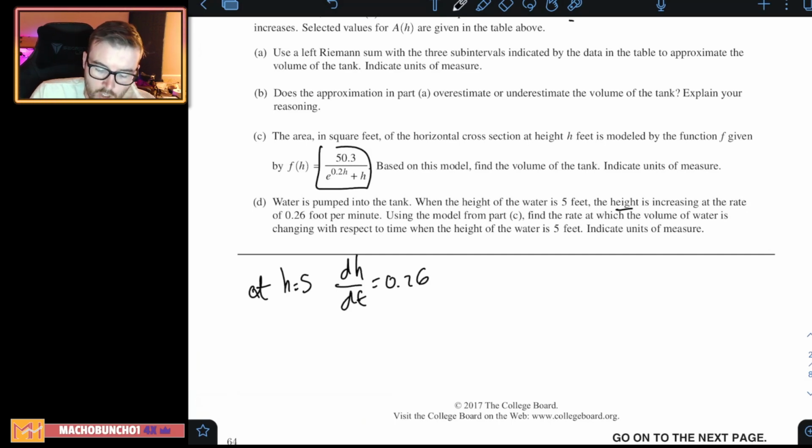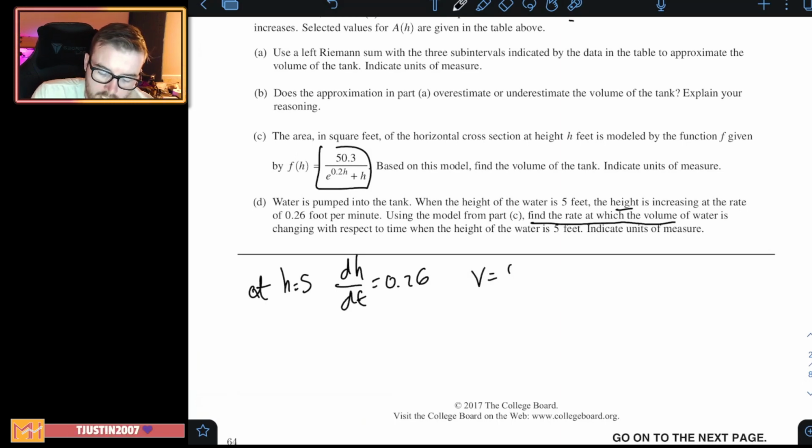Using the model from part C, find the rate at which the volume of the water is changing with respect to time when the height of the water is 5 feet. Indicate units of measure. So, find the rate at which the volume, so dV/dt.